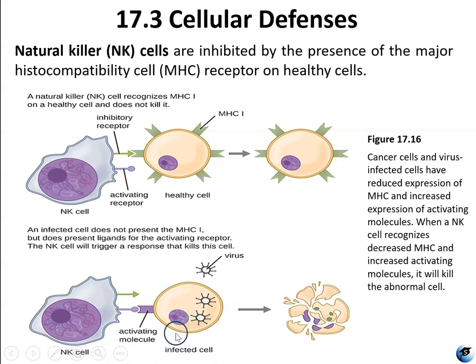But in an unhealthy cell, the MHC is not there, but a lot more of the activating receptors are there. And so what happens is the NK cell, with its lack of MHC to bind to, will then bind here, and then that activates the NK, the natural killer cell, to kill that unhealthy cell.